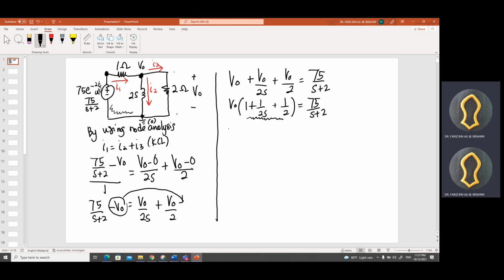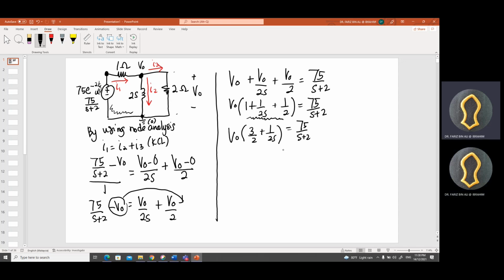What you have is V naught in the bracket: 1 and 1 over 2 is going to be 3 over 2, plus 1 over 2S, equal to 75 over S plus 2.